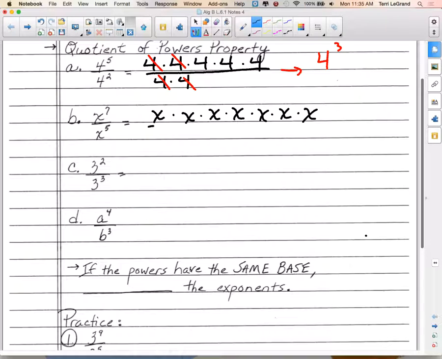And then downstairs in our denominator, we have x to the 5th, which really means how many factors of x? 5. Well, we can start canceling happy, right? We can go crazy.